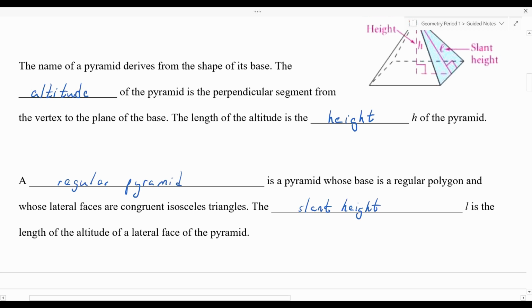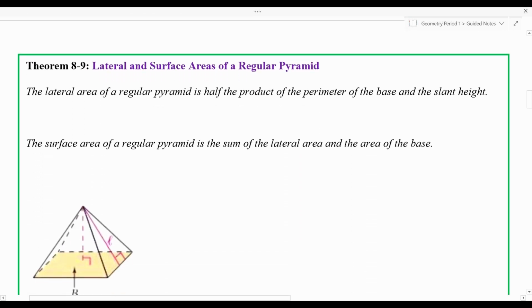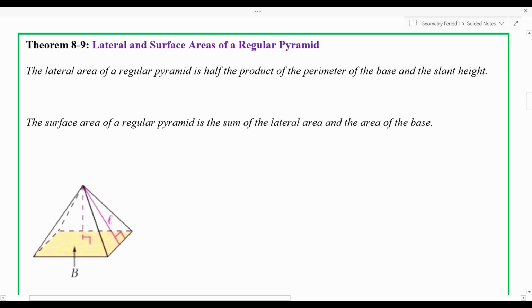Okay, now let's get our first theorem going. The first theorem is 8-9, which states the lateral and surface areas of a regular pyramid. The lateral area of a regular pyramid is half the product of the perimeter of the base and the slant height.